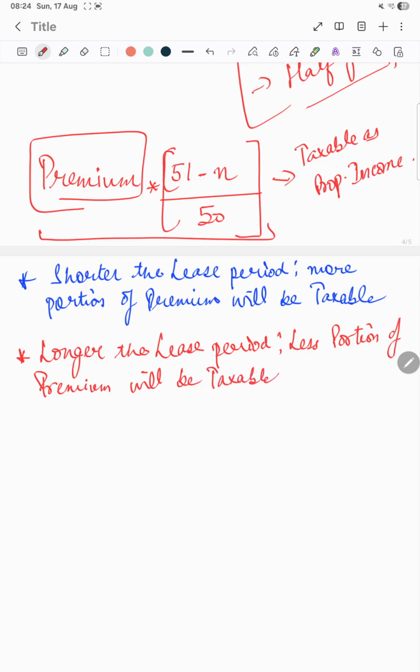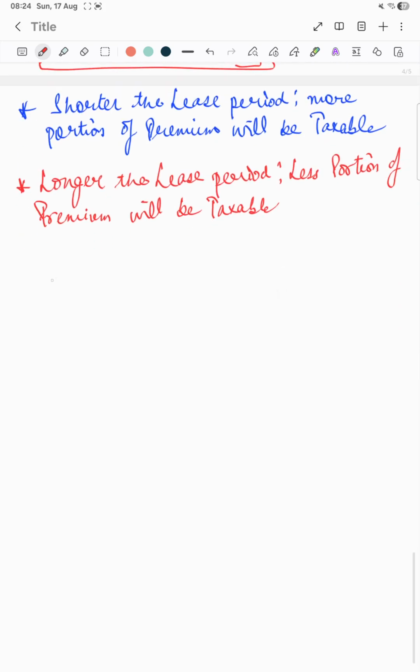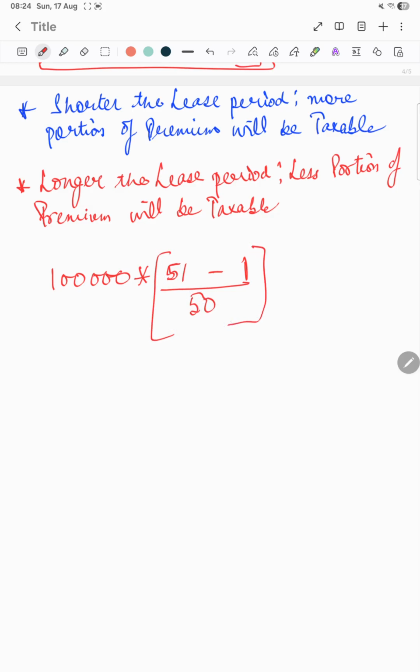Let's understand this with the help of example. Let's say a premium of £100,000 was paid for a property that was given on lease for just 1 year. The long term lease is more than 50 years, starting from 51 years or more, and total lease period that is considered is 50 years.